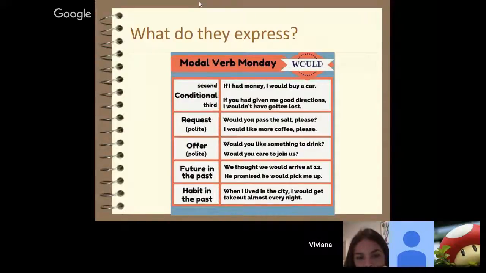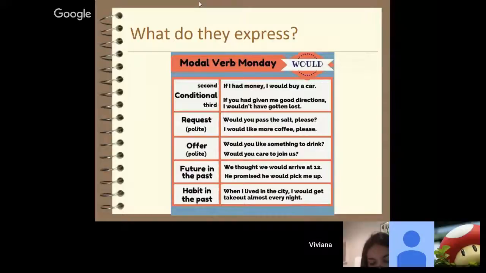Also, it is used in the future and as a habit in the past. This is the auxiliary verb, and then you use the base form of any verb. For example, I would buy some potatoes if I had money.